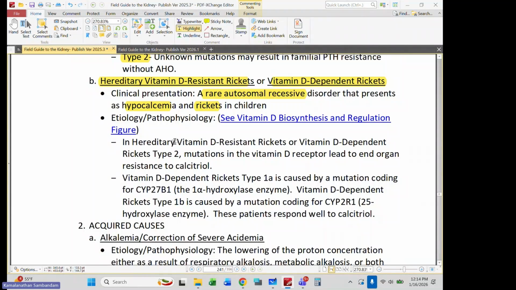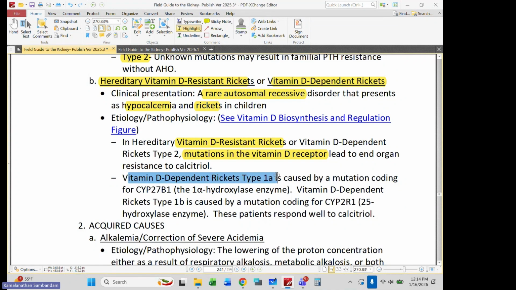Again, let's talk about the biology. In vitamin D resistant rickets, there may be a problem in the vitamin D receptor, resulting in a resistance to vitamin D and correcting the abnormality. So predictably, they will have hypocalcemia and PTH will be elevated.